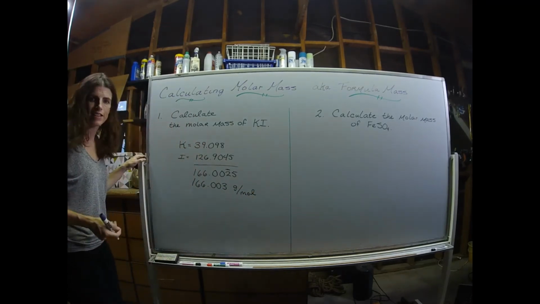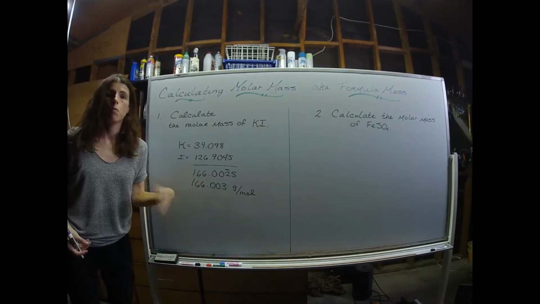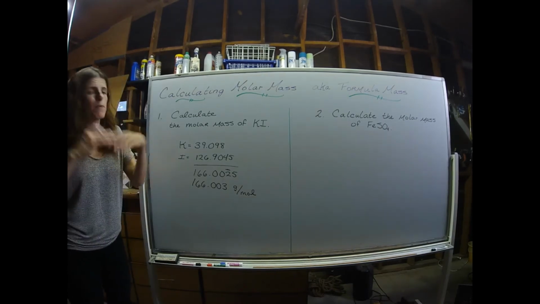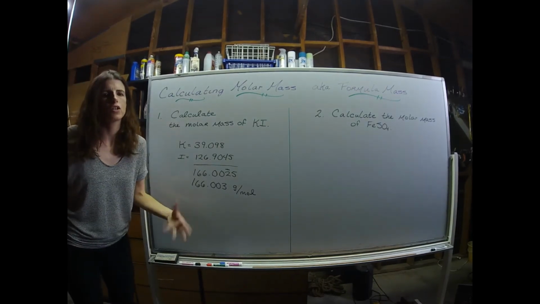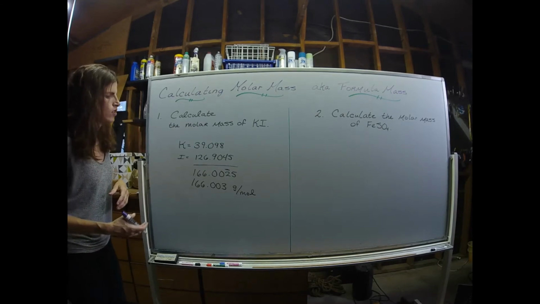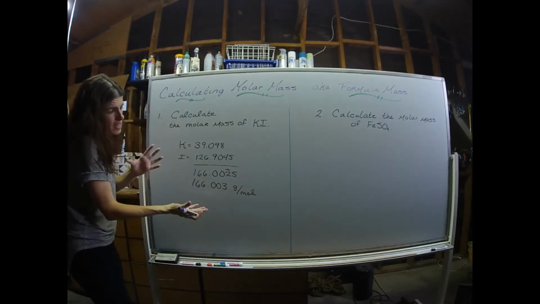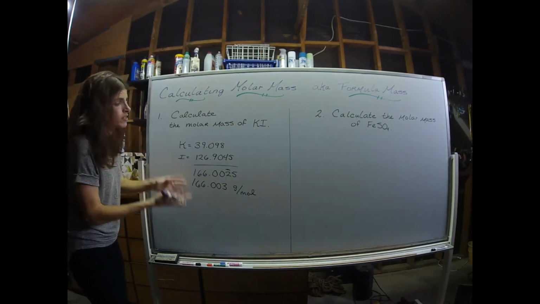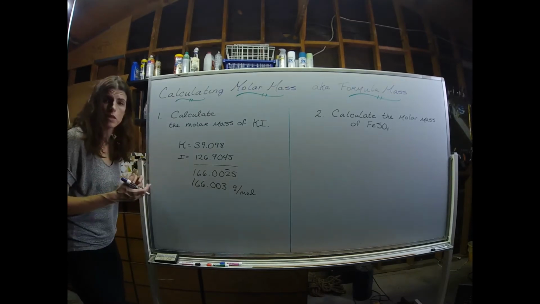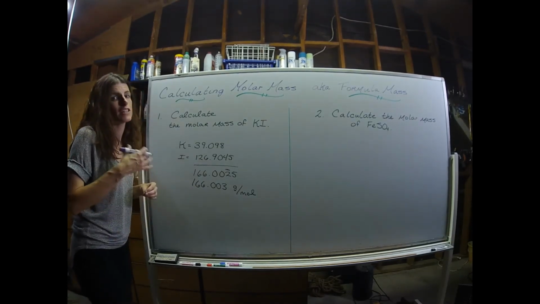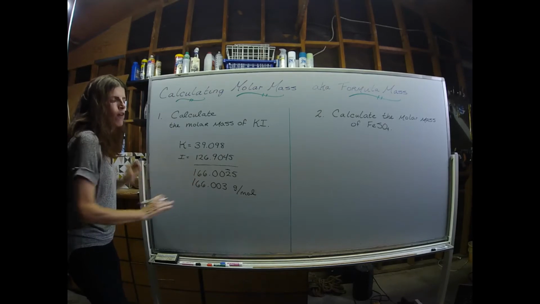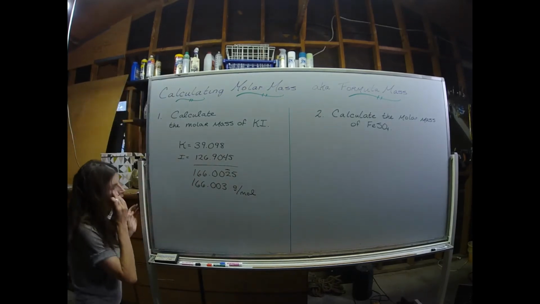And in the next lecture, I'm going to explain exactly what a mole is. But it represents a whole bunch of molecules or atoms. And you can see it's a fraction, right? And so you can see how, maybe with thinking about density as a conversion factor and other things as a conversion factor, how this might become a conversion factor.